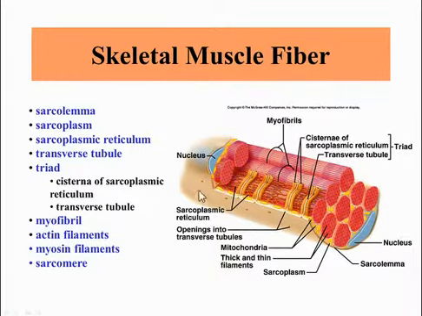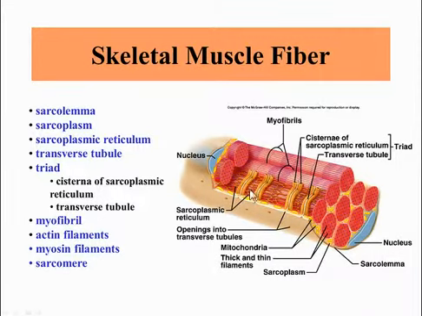There is the sarcolemma, that's the outside membrane around this muscle fiber. Right under the sarcolemma will be the nucleus, and then sarcoplasm right under the sarcolemma is equivalent to cytoplasm in a cell. This network of tubes here, the transport system, is the sarcoplasmic reticulum, and they attach to the cisterna of the sarcoplasmic reticulum.